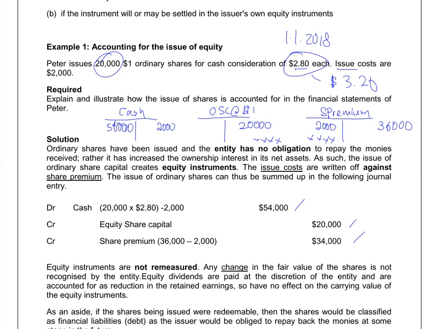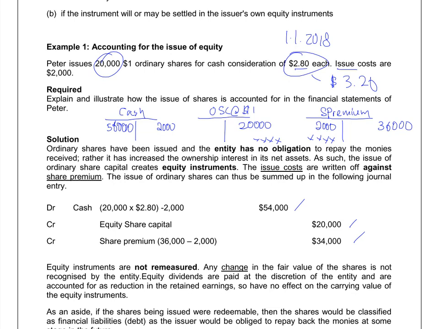Do I increase 40 cents? No, cannot. Once I issue my share to my shareholder at 2.80, I record 2.80, and when the share price goes up, nothing to do with me. For the shareholder, their investment value goes up, so is their income. So do I do anything in my book?